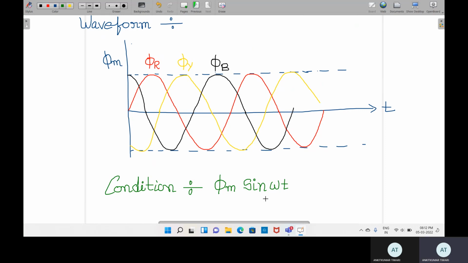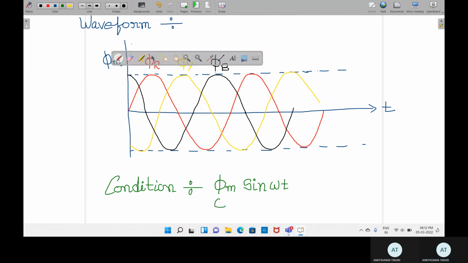So we will keep the common value, that is phi m into sine 120 degree.